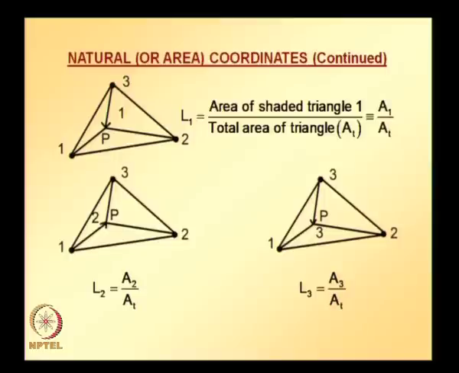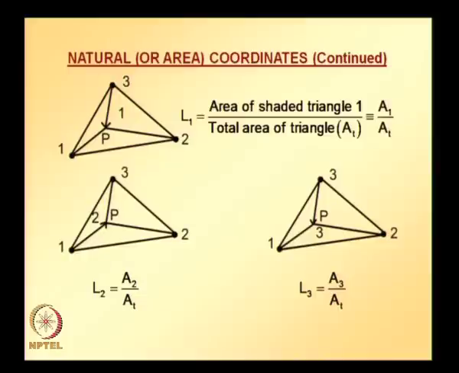So, this is a coordinate system based on area. Instead of describing the location of a point with respect to the xy coordinate system, we can as well express the location of the point in terms of L1, L2, L3, because the L1, L2, L3 values are going to be unique for any point.